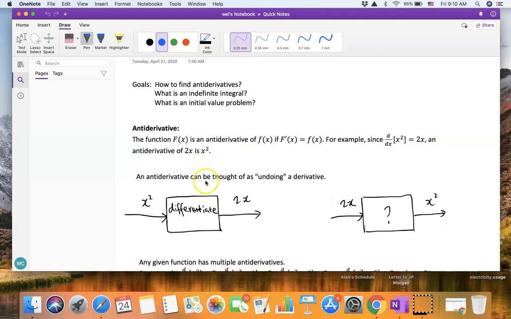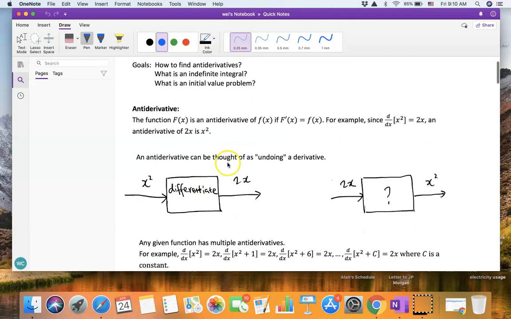Now, an antiderivative can be thought of as undoing a derivative. What does this mean? We know that to find the derivative, we need to differentiate the function. Like here, we can find the derivative of the function x squared by differentiating, so we get 2x, right?